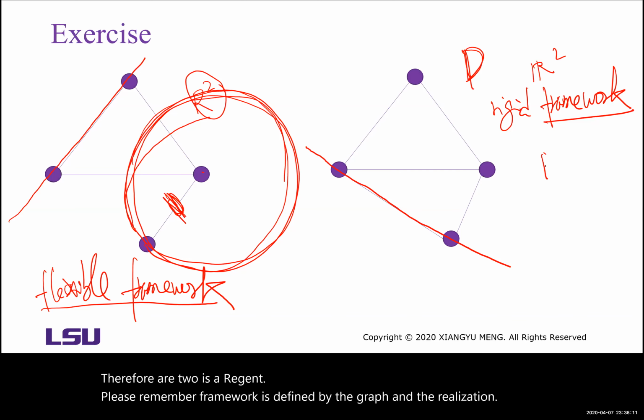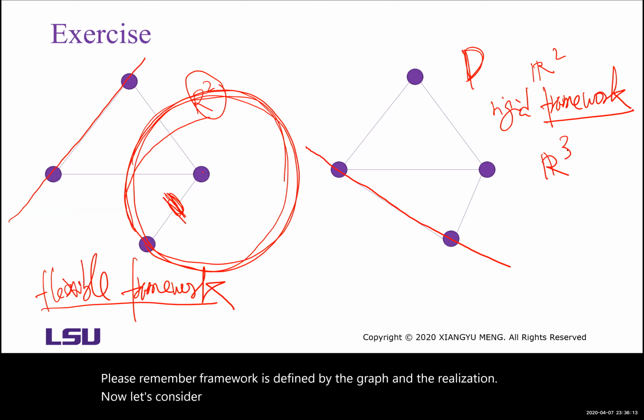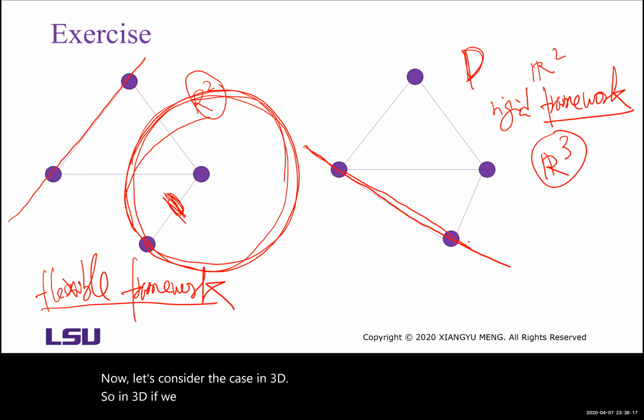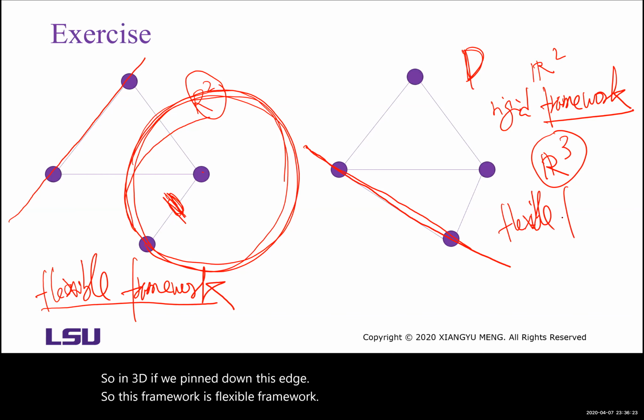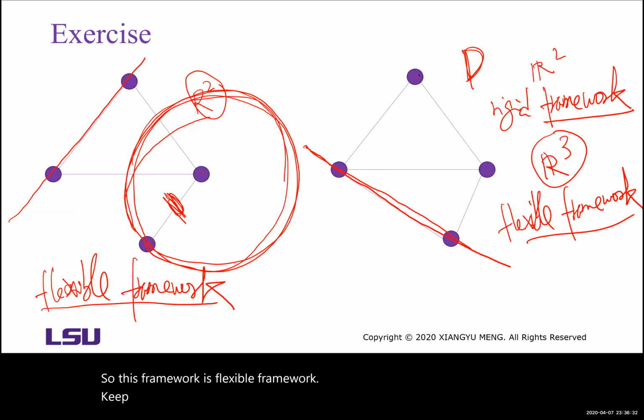Now let's consider the case in 3D. In 3D, if we pin down this edge, this framework is a flexible framework. Keeping the distance, we can lift this agent out of the paper.